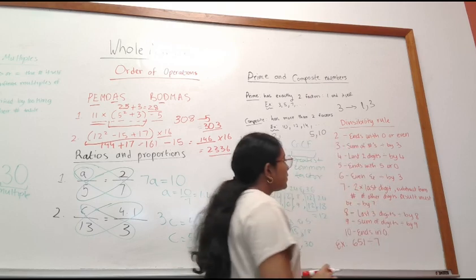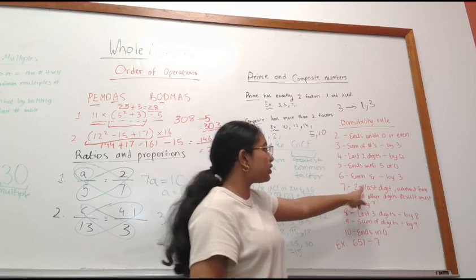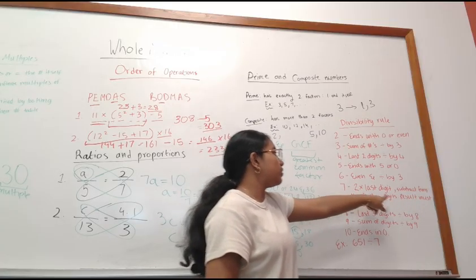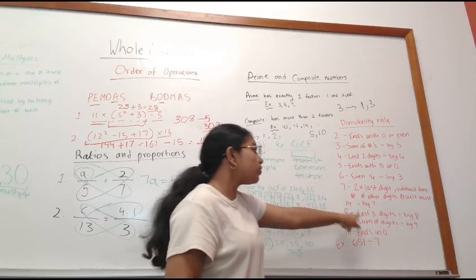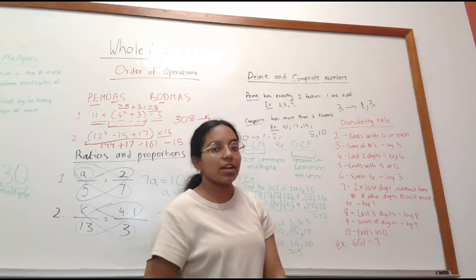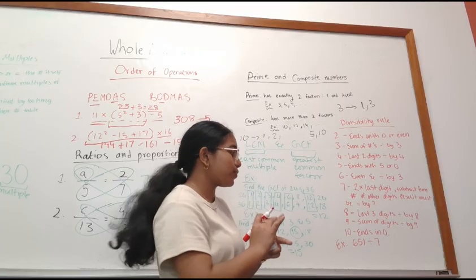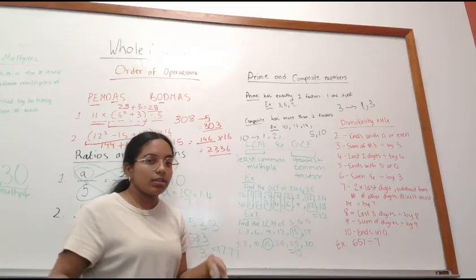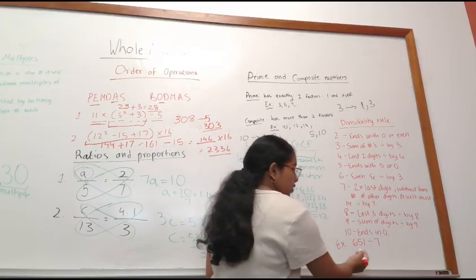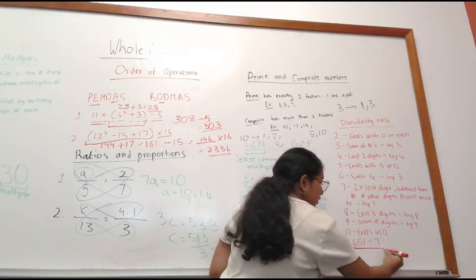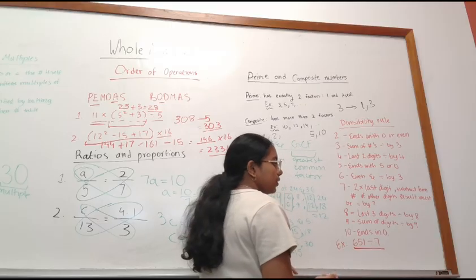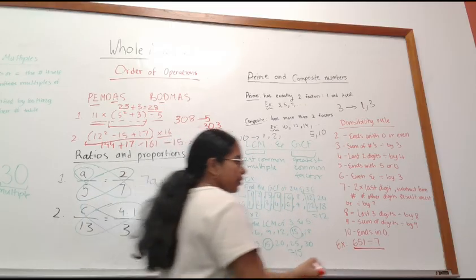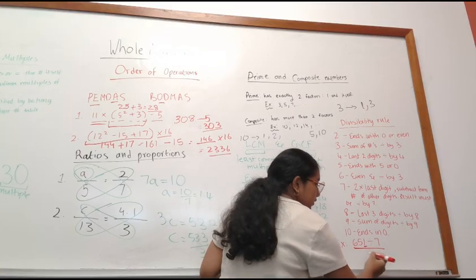And then let's see, 7: double the last digit, subtract that number from the other digits, and the result must be divisible by 7. I know this sounds really complicated, but let's look at an example and see how easy it is. So you have 651, right? Is it divisible by 7 or not? That's the question here. So you take the last digit, in this case, it's 1.